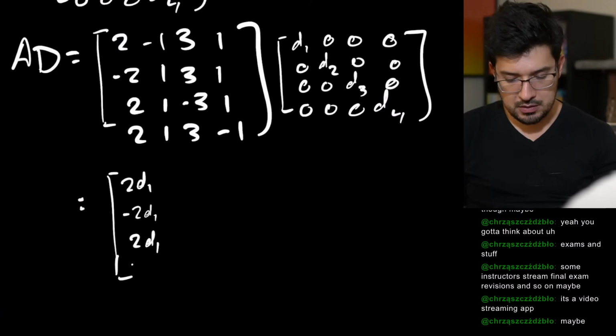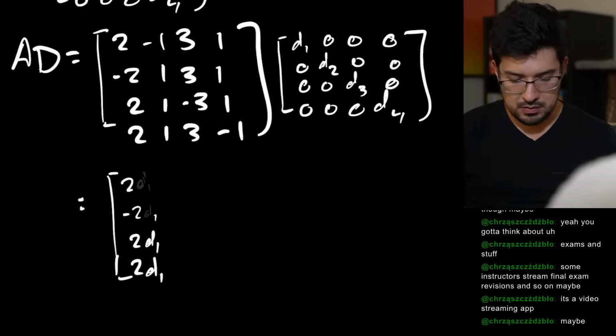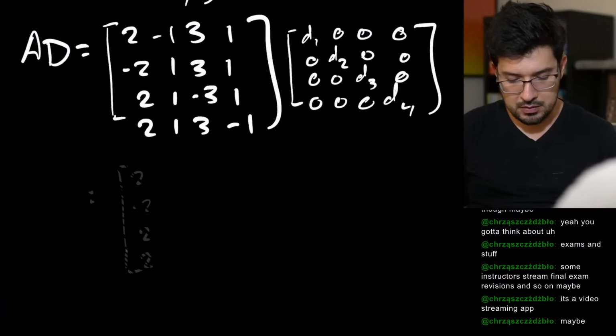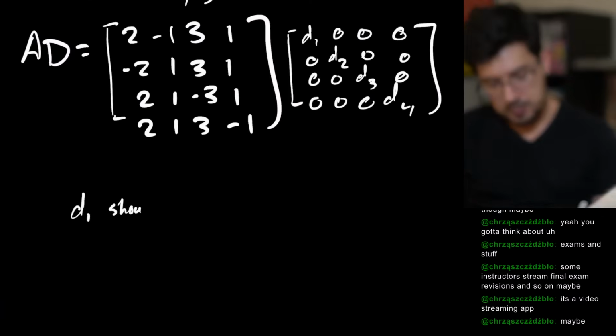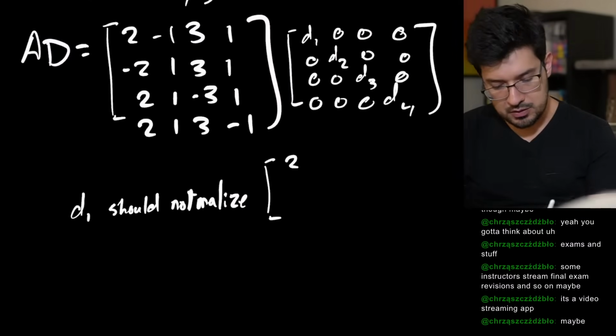2d1, 2d1. So d1 should normalize the vector 2, negative 2, 2, 2.